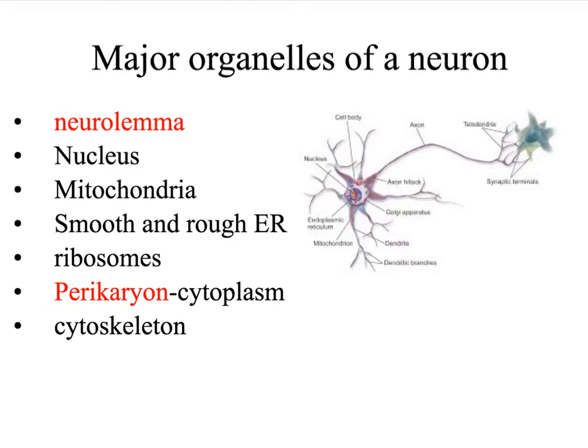We discussed the organelles of a stereotypical cell in the earlier chapters. There are a few things that are termed differently when you're talking about neurons. First off, the neurolemma is the same thing as the cell membrane. Another word for cell membrane is plasmalemma, so that's simply the cell membrane. And then the cytoplasm is going to be referred to as the perikaryon, peri meaning around, karyon meaning body.